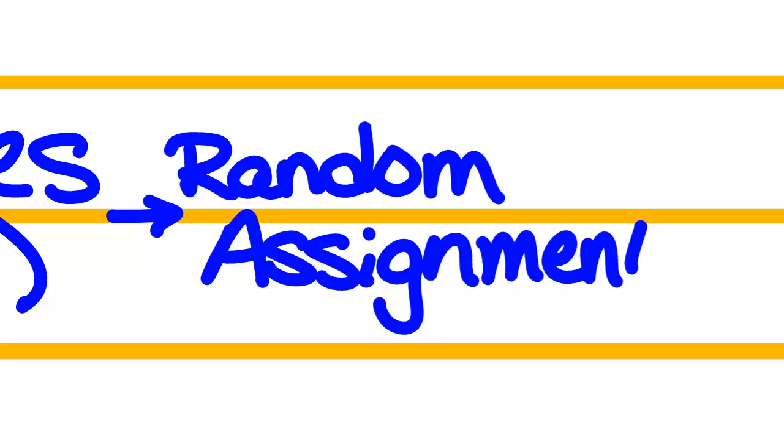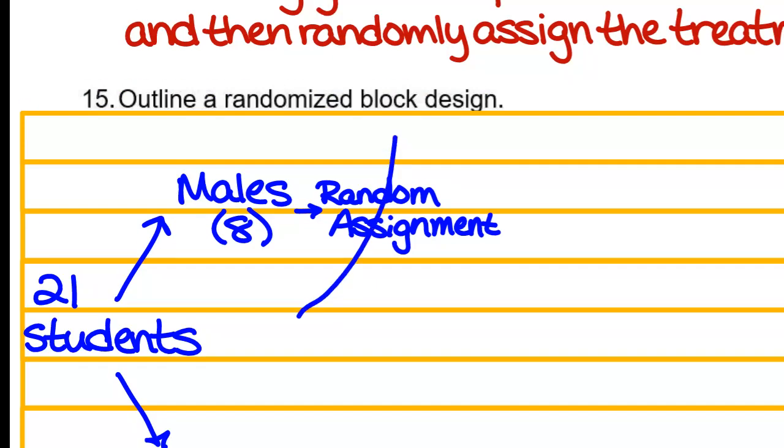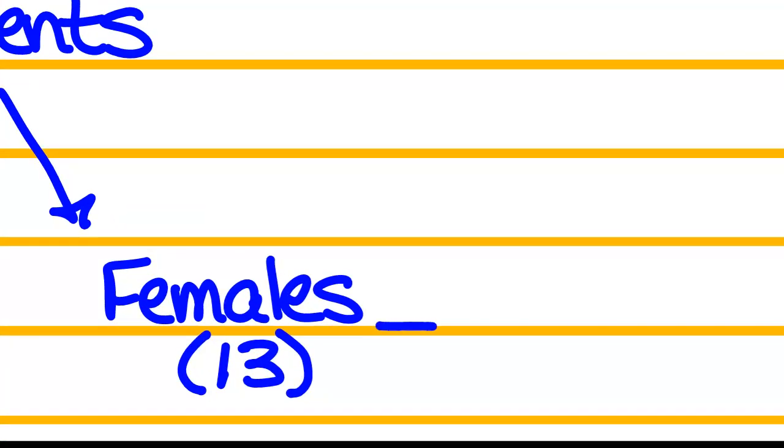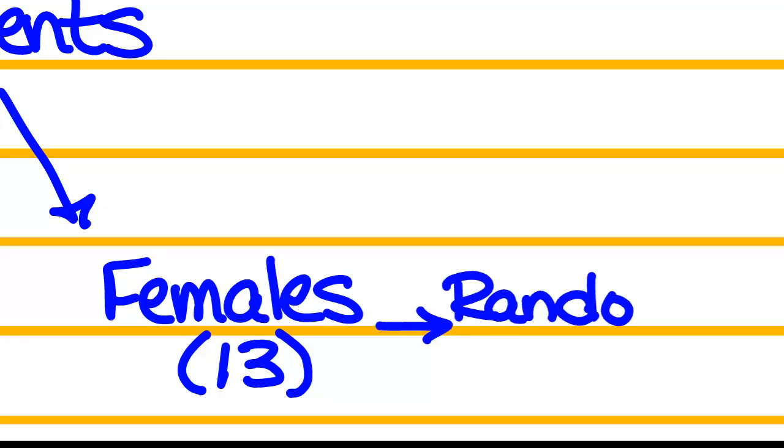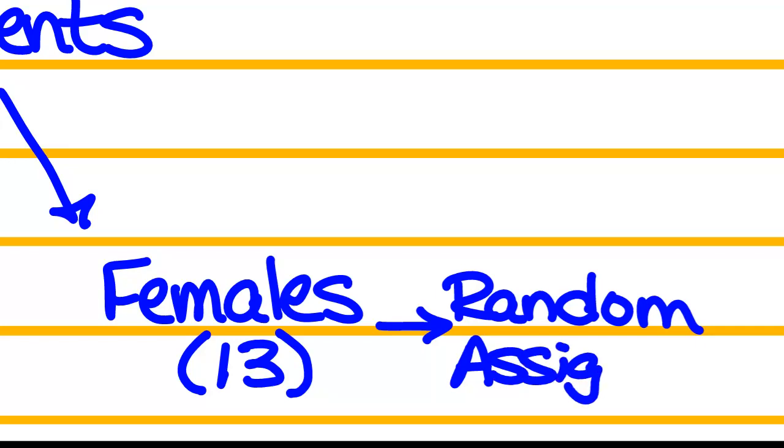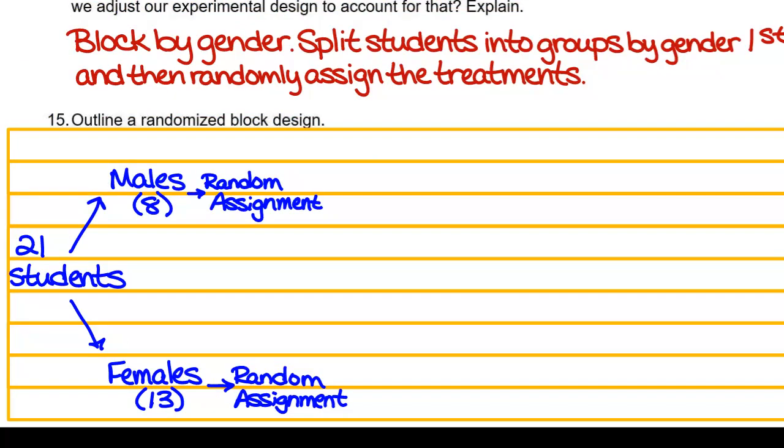And for the females, we would also do random assignment. We could do it like we described above, only instead of 1 through 21, we would do the males 1 through 8 and the females 1 through 13.